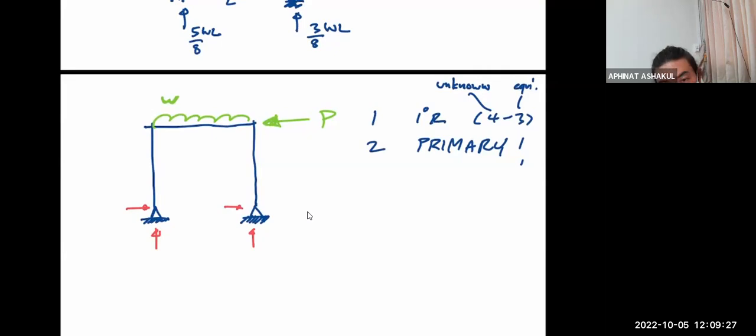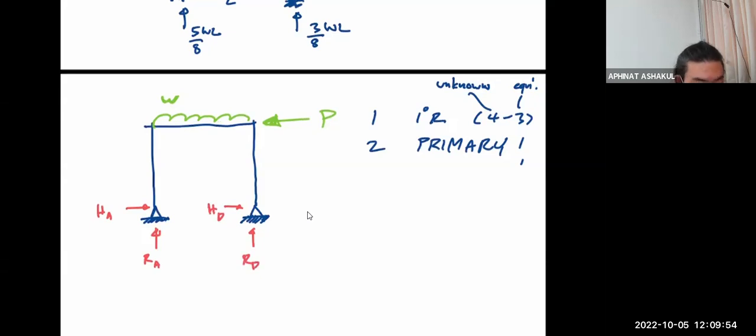But some students are maybe sometimes very creative. Say you have a choice, because let's call this HA, RA, and I like the ABCD in that way, so let's call this HD, not high definition, the horizontal reaction of D, and then RD.